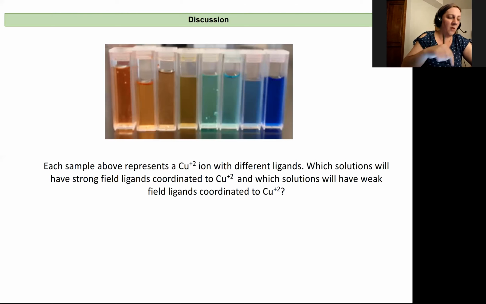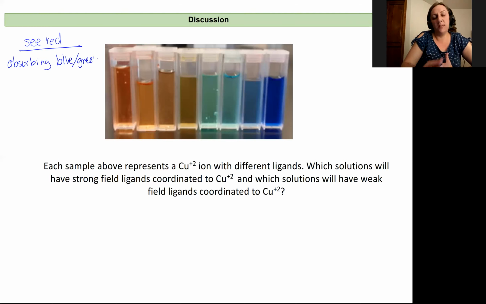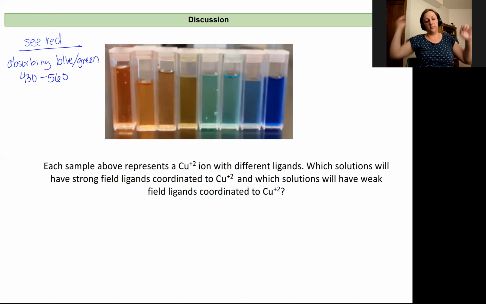So if we go to our color wheel, if we see red, then we're absorbing blue-green, which is going to correspond to wavelengths anywhere between 430 and 560. That's a broad range I grabbed because I'm not sure exactly which wavelength this one is at. So that's what that red color means.